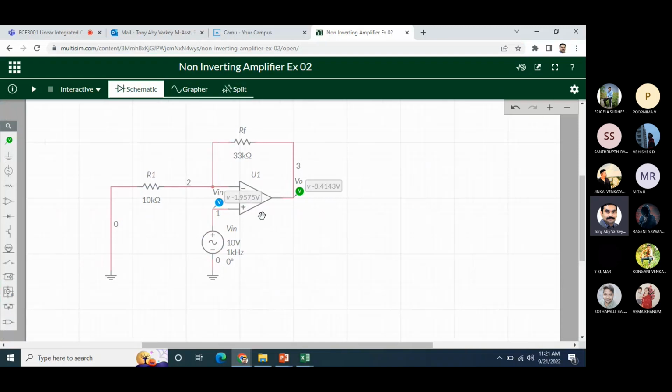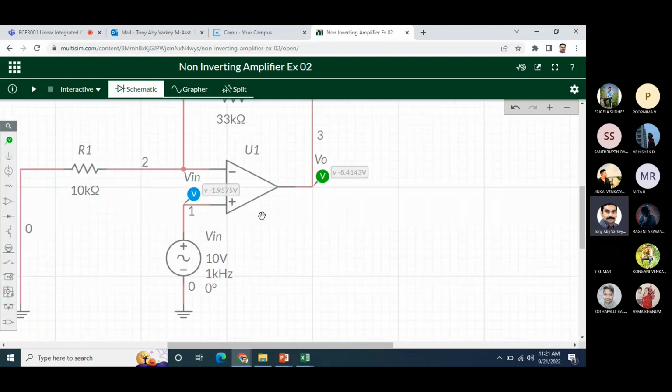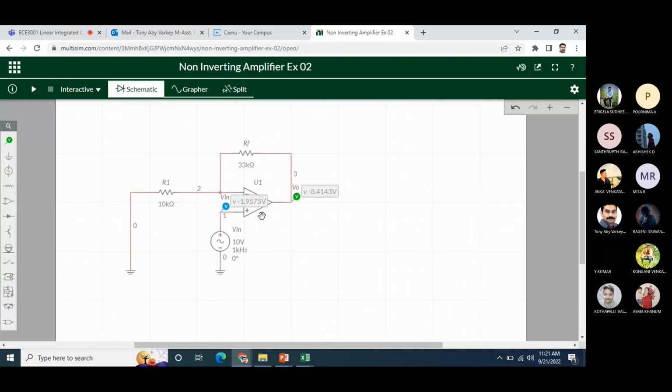So can anyone wire this in Multisim and show me the output? This circuit you wire. Maybe I'll make it a little big so that you can see.